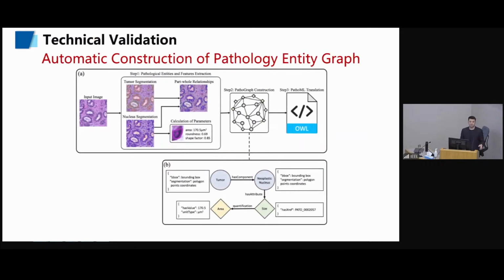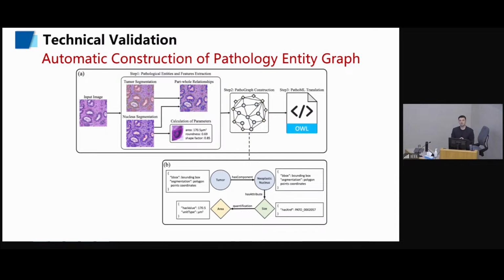It applies to limited image modalities and a limited number of pathology entity types. If you want to build a construction pipeline that represents different neoplastic diseases, applies to different modalities, and represents all this information in PathoGraph, we have a long way to go.